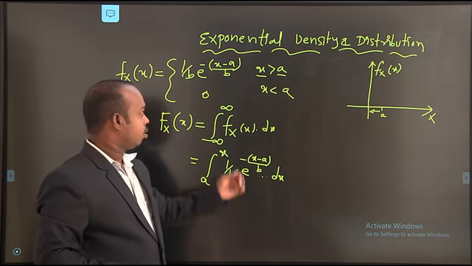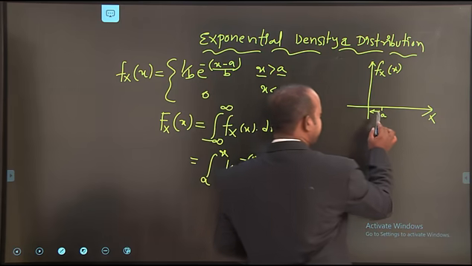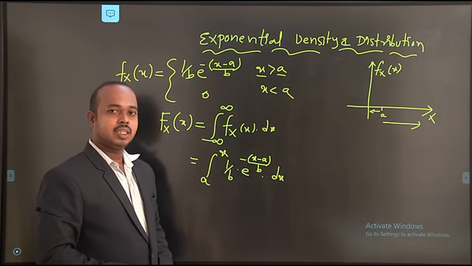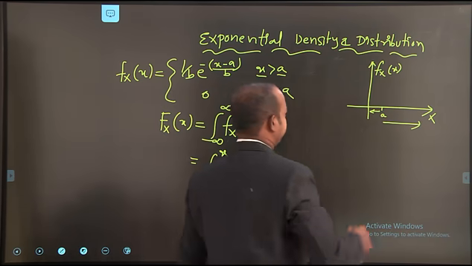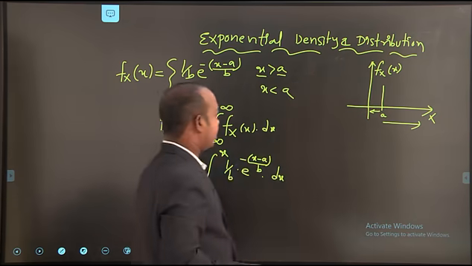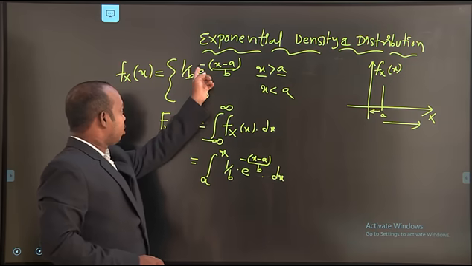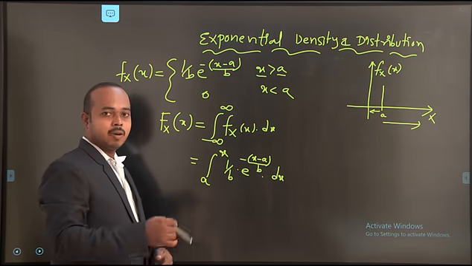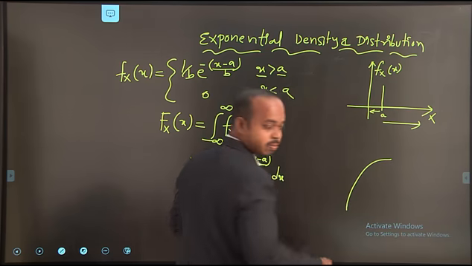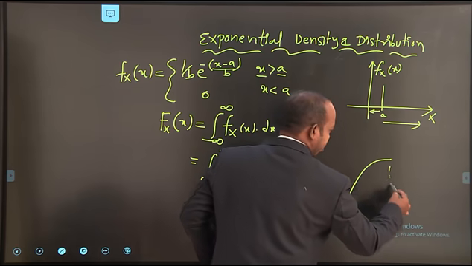And next, where x is greater than a, in this direction, the quantity is 1 by b. Here I am taking one curve, an exponential term with a minus power. Generally, an increasing exponential looks like this, and a decreasing exponential is the reverse, like this.